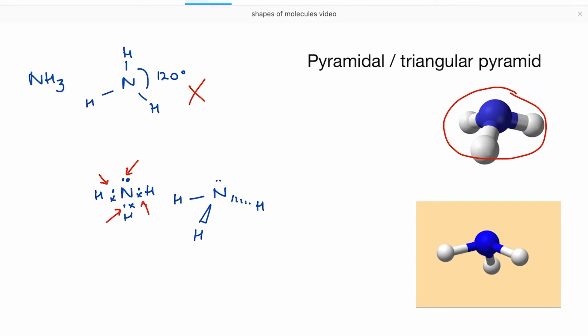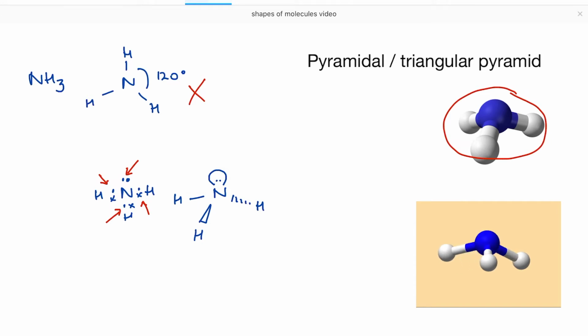And sometimes you see the lone pair drawn like so, where it looks much more like a tetrahedron. So this particular shape is known as pyramidal or triangular pyramid. The language in chemistry isn't completely tied down, so you need to check with your exam syllabus and your textbook to find out exactly what you should call each of the shapes of these molecules.